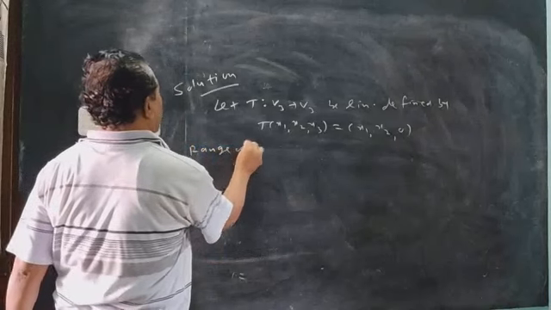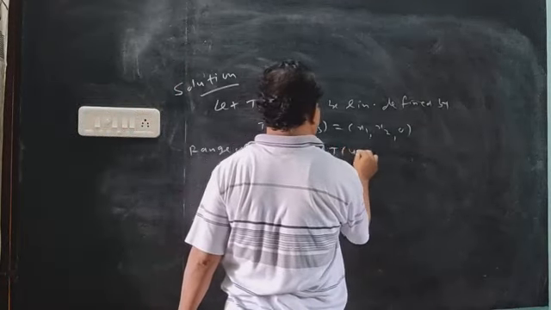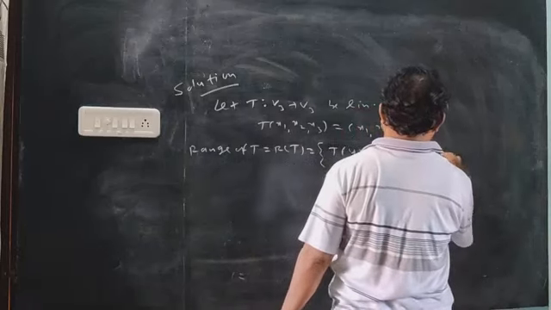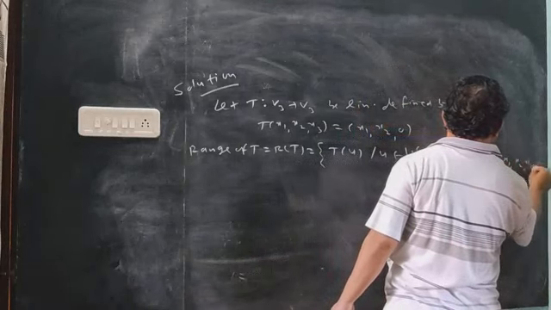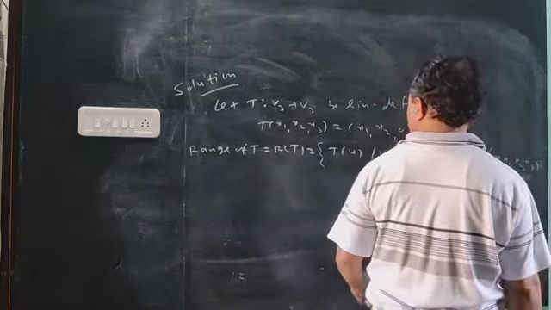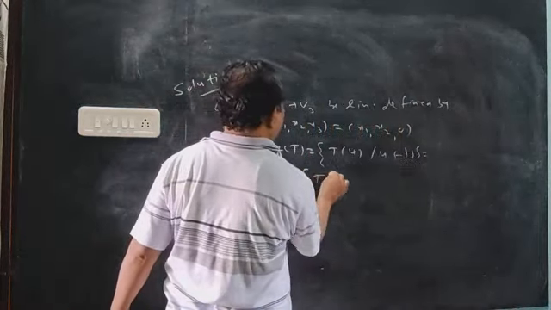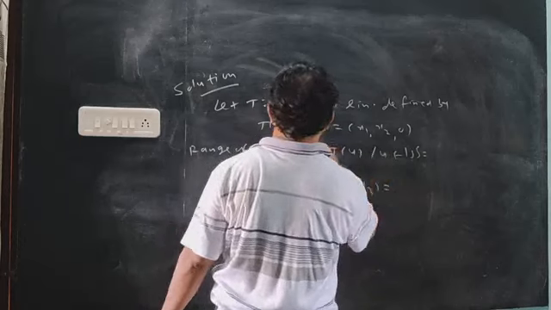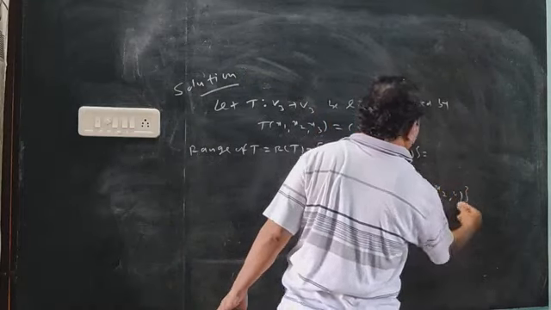By definition, the range of T, R(T), is the set of T of U such that U belongs to U. So U means here V3, a 3-dimensional vector (x1, x2, x3), and T of U is given to you: it is (x1, x2, 0), a 3-dimensional vector.